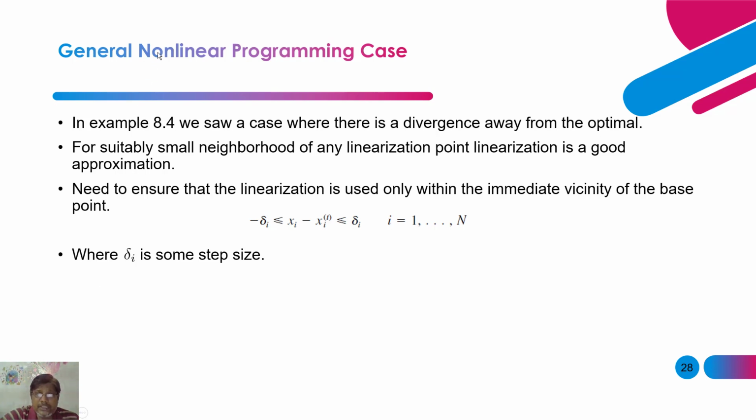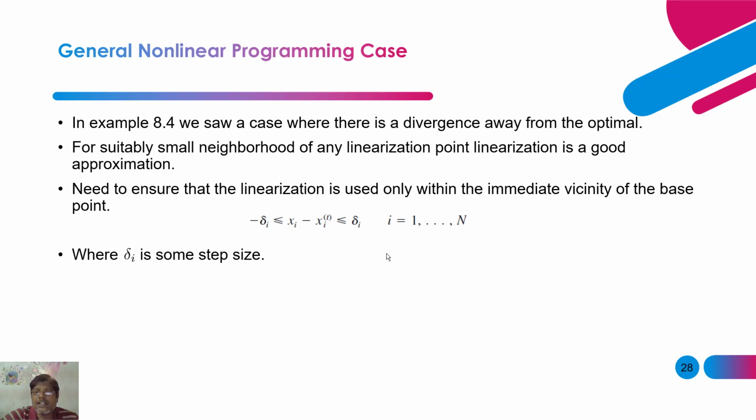So in this example, we saw a case where there is a divergence away from the optimum, for a suitably small neighborhood of any linearization point. Linearization should be a good approximation. If you're able to do a good approximation, it's possible for us to obtain the minimum point. We need to ensure that linearization is used only within the immediate vicinity of the base point, otherwise it will be difficult.